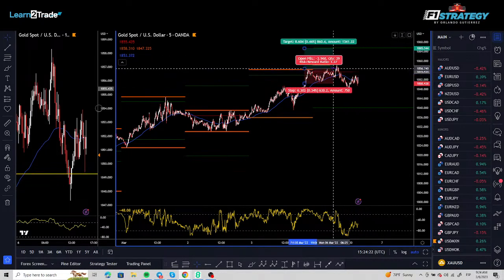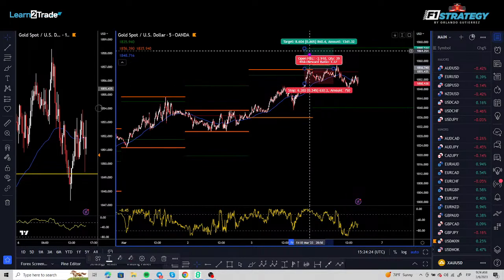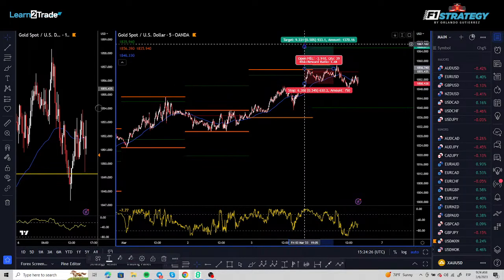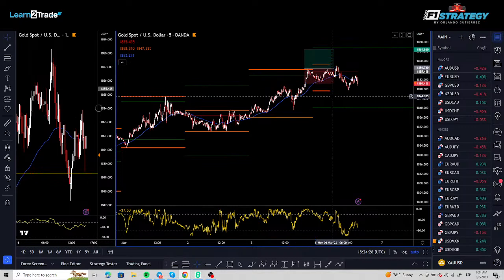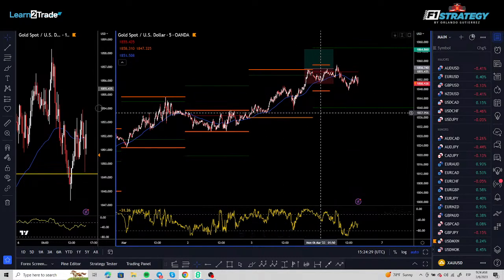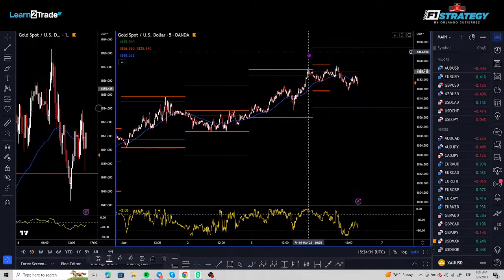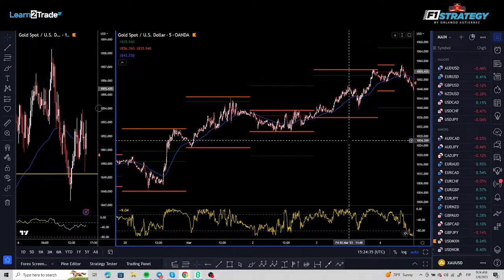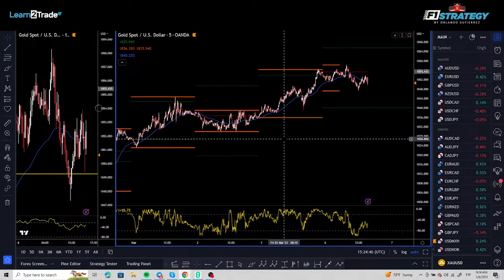Here is what this would have looked like, but I wouldn't have taken it because of the low risk to reward ratio and because there was no divergence at all. And when there's no divergence in the F1 strategy, and this oscillator is not the stochastics, it is a very specific oscillator with a very specific set of parameters that I'm not going to share, of course.